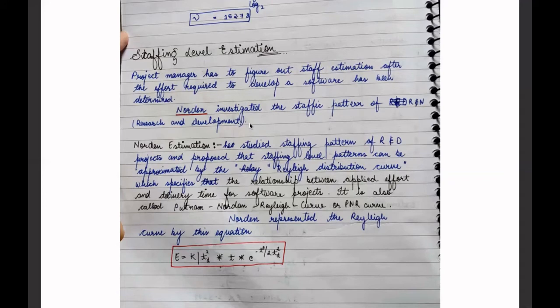Capital E is an addition of the number of engineers at any particular time during the duration of the project. K is the area under the curve. Small t_d is the time at which the curve attains its maximum value.